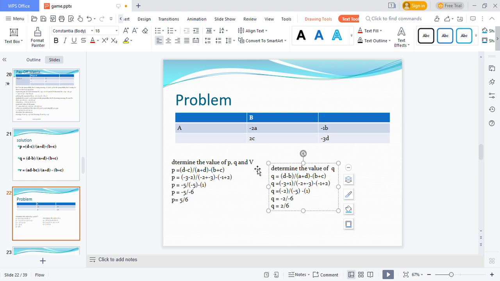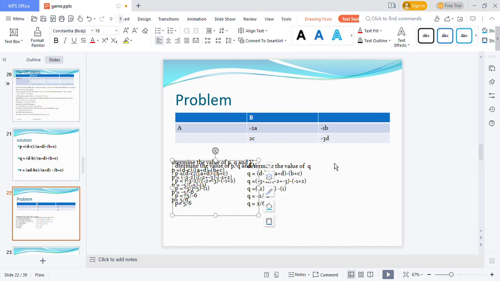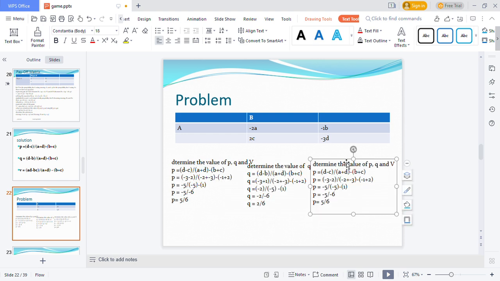Then finally, we determine now the value of Q, or V, the value of the game. So this is how you get to know the value of the game.